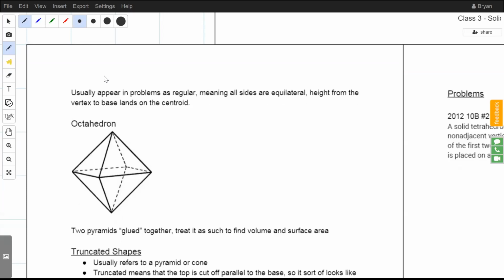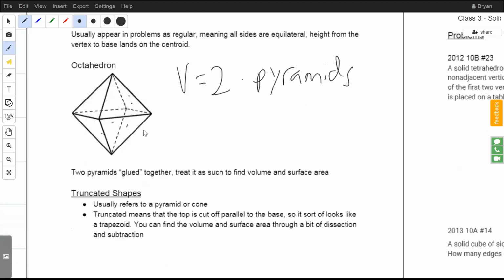So for a regular octahedron, the volume is just twice that of the pyramid, and the surface area is just each of the triangles added together. If a question asks about an octahedron, this is what it looks like. It's not really the most common shape, but it's still quite interesting.